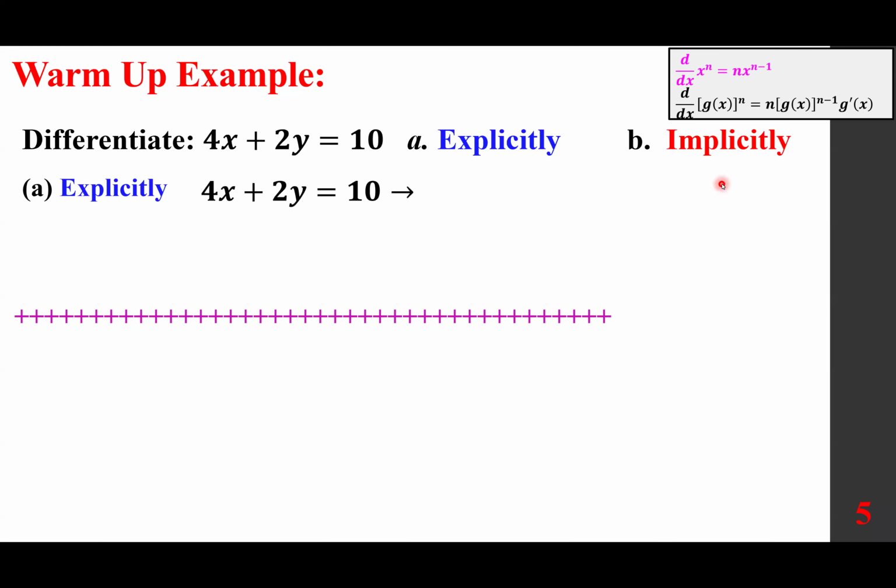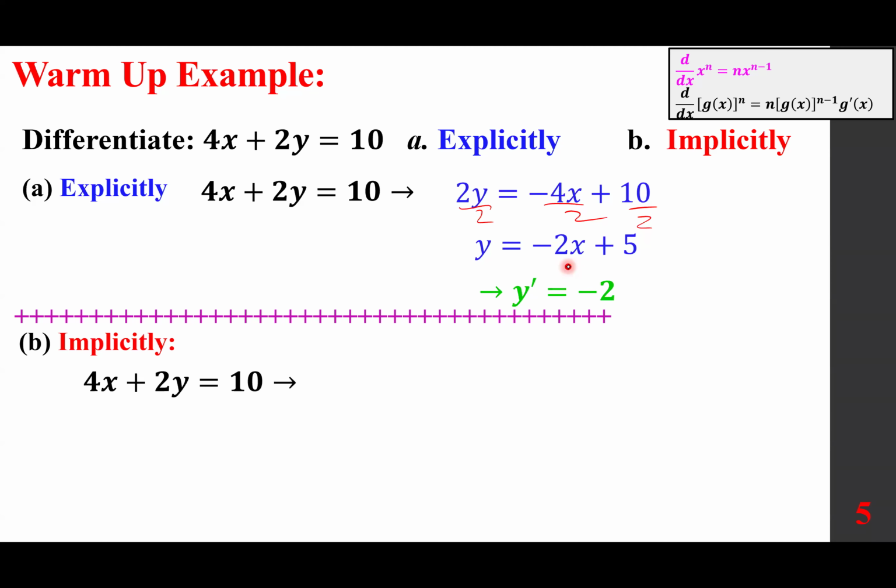And so explicitly, we simply solve for y, meaning I'm going to move the 4x, make a negative on the right side, divide everything by 2, y is negative 2x plus 5, and we know the derivative y prime or dy/dx is minus 2.